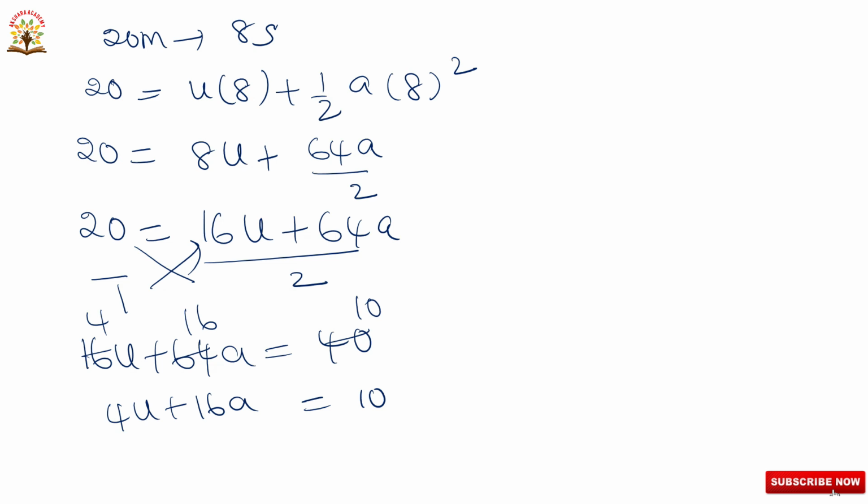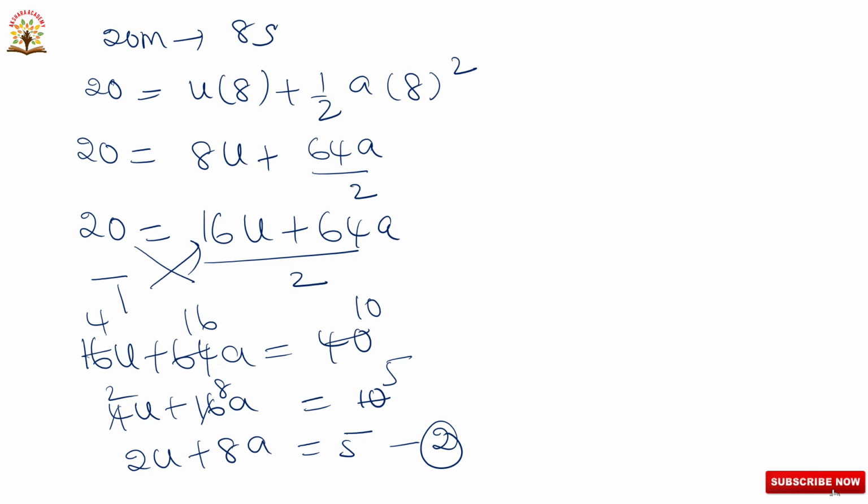And again dividing by 2: 2 twos are 4, 2 eights are 16, 2 fives are 10. So 2u plus 8a is equal to 5. Consider this as equation number 2.